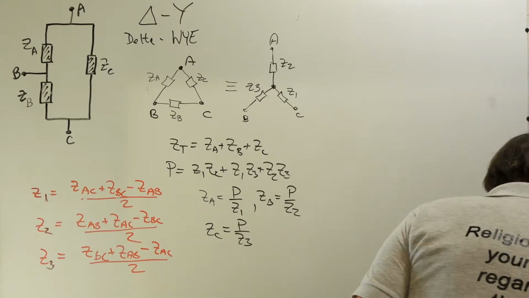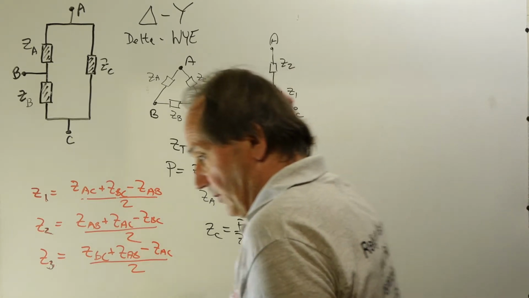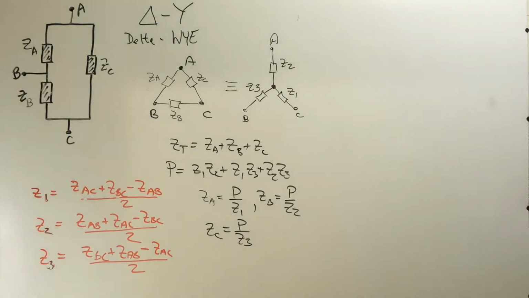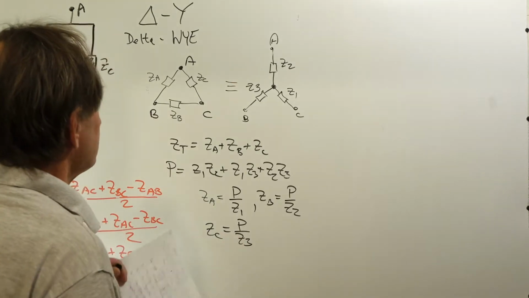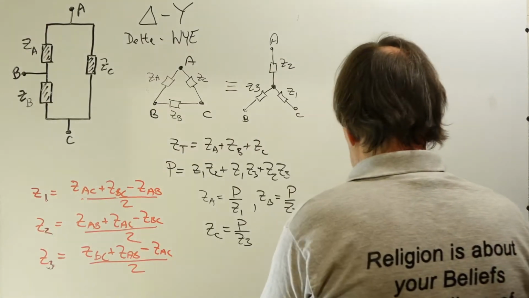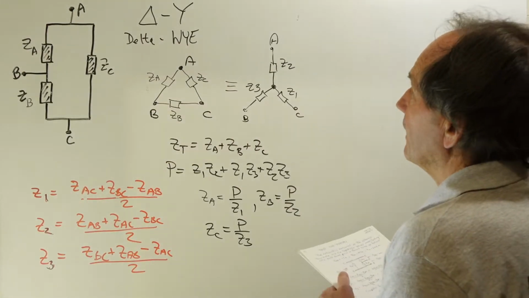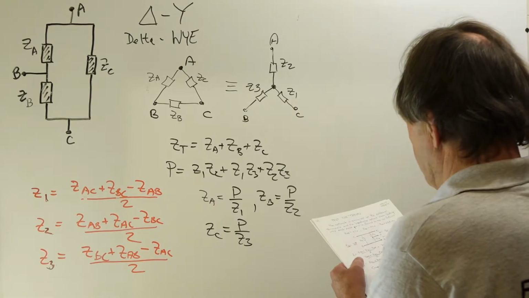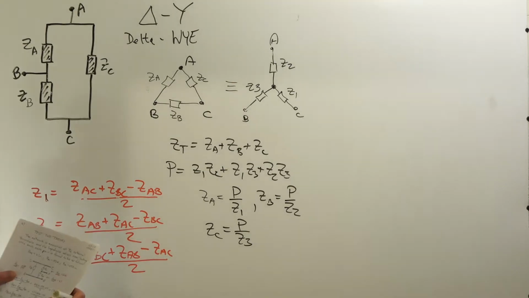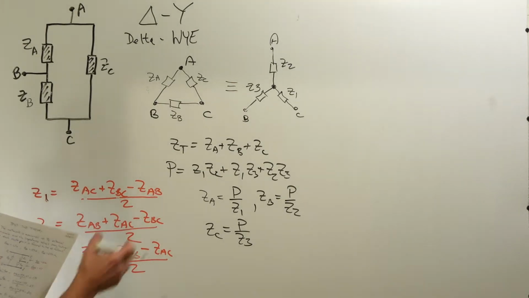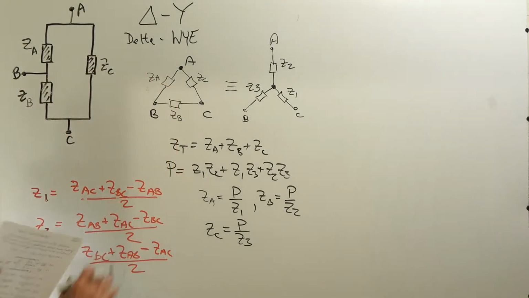Let's take a look at some values here. Suppose ZBC is 199. Let's just assume these are resistors.